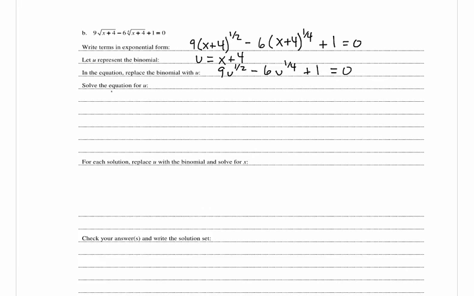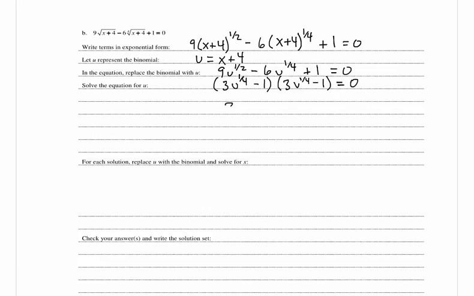Now they want us to solve the equation for u. I can rewrite 9u^(1/2) - 6u^(1/4) + 1 as (3u^(1/4) - 1)(3u^(1/4) - 1) = 0. Since the factors are the same, we can just set one of them equal to 0.